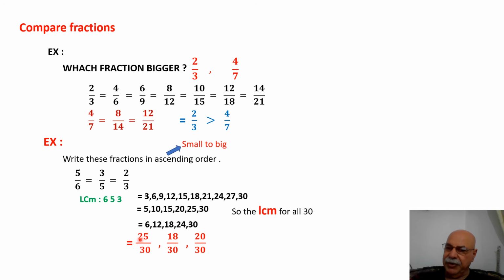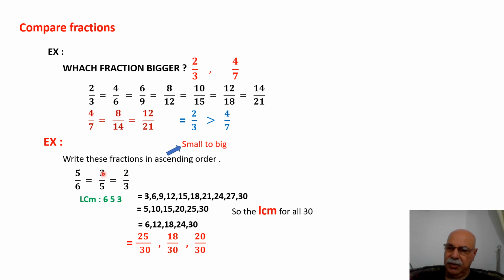We're looking at the numerators to see which is the smallest to the biggest. The smallest one is 18, after that 20, after that 25. So 25 over 30 is 5/6, 18 over 30 is 3/5, and 20 over 30 is 2/3.